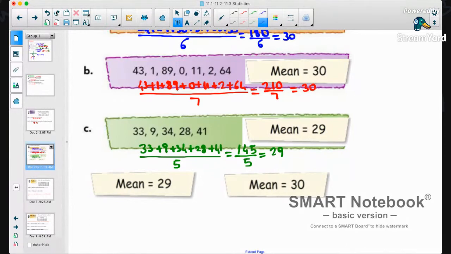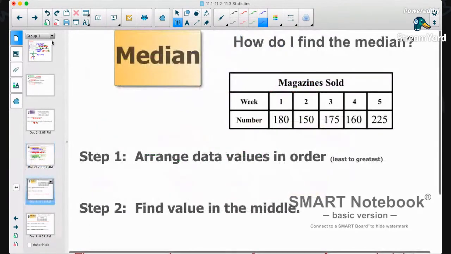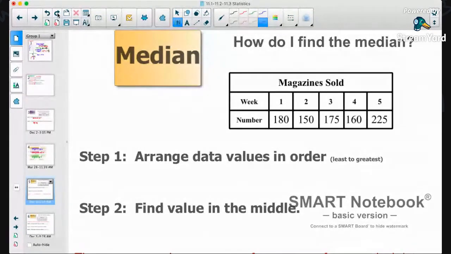Next one. Next one is median, ladies and gentlemen. How are we going to find the median? To find the median, first you need to order the given data from least to greatest. When you look at those data, which one is the least? 150.